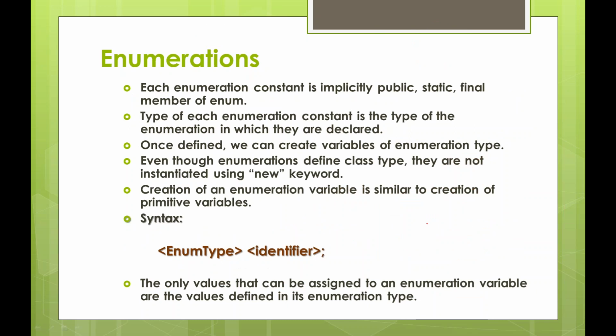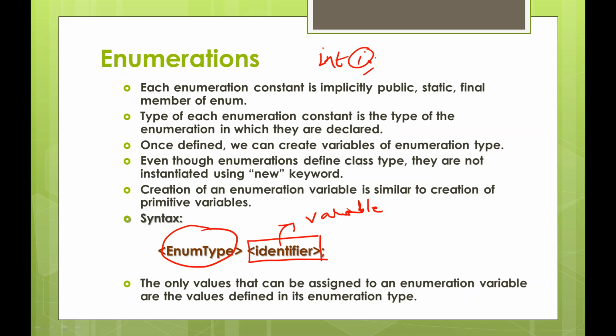So the rule is defined like this: the only values or constants that you can assign to a variable of an enum type are the constants that you have defined within that particular enum type. For example, I have defined one variable int i.